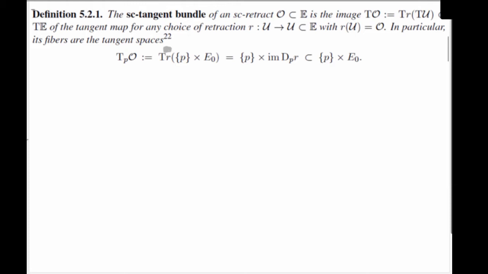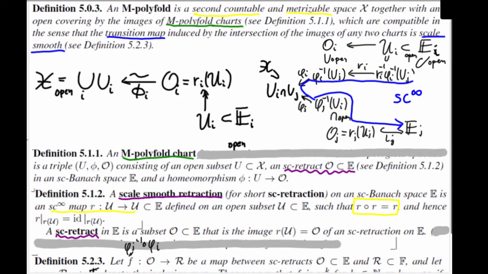So here's first just a definition. What I didn't quite point out so much is the retraction somehow wasn't really part of my data in the polyfold chart.